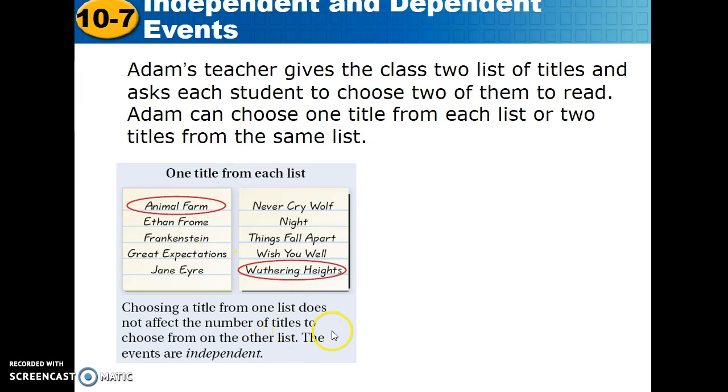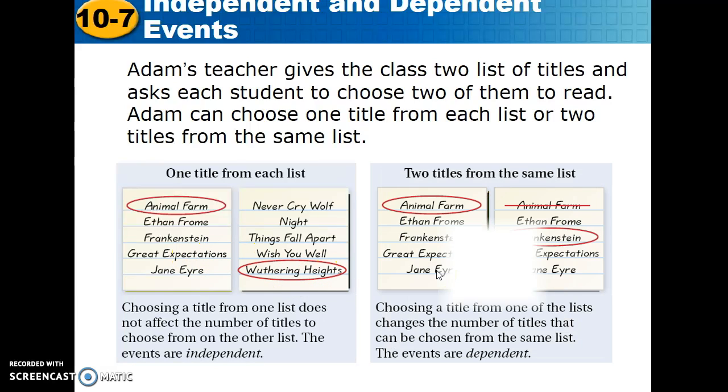Choosing a title from one list does not affect the number of titles to choose on the other list. These events are what we call independent. But if we were to choose two titles from the same list, this changes the number of titles that can be chosen from the same list. These events are dependent.